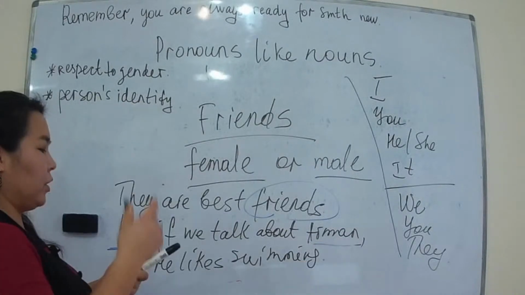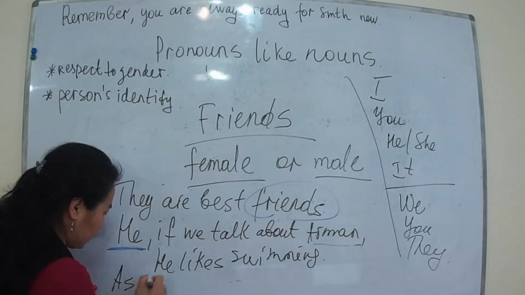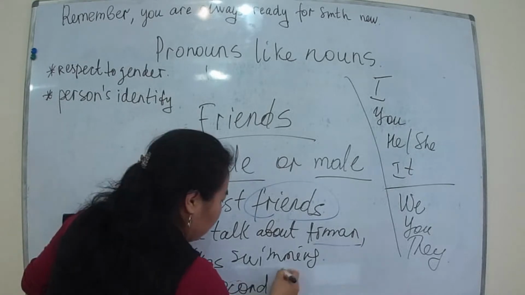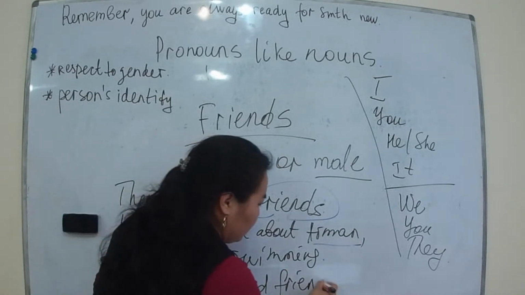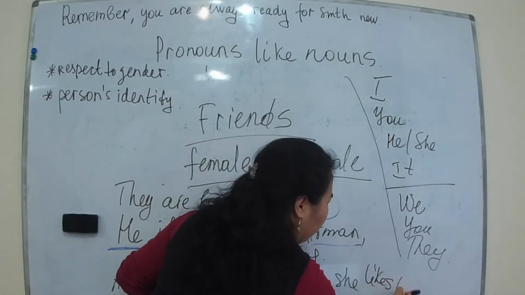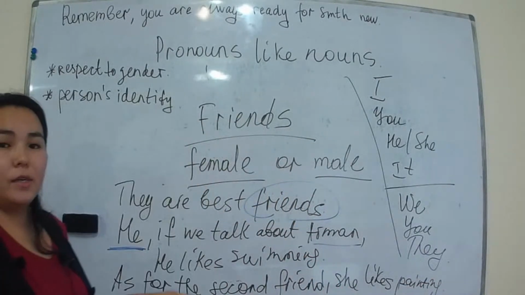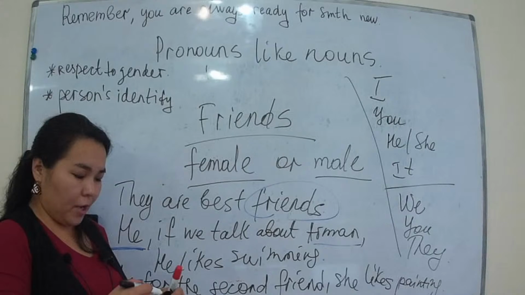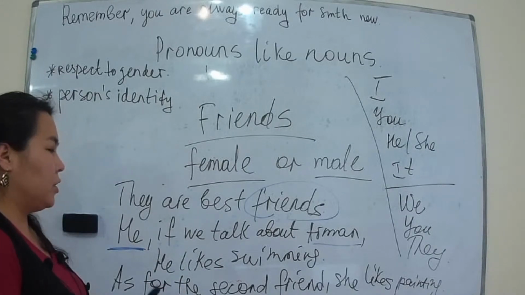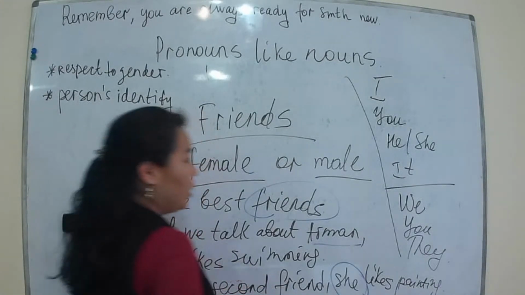And for the next sentence we use, as was the second friend, she likes painting. So in the third sentence we identify the second friend's gender, that it is a girl. So we use the pronoun she.